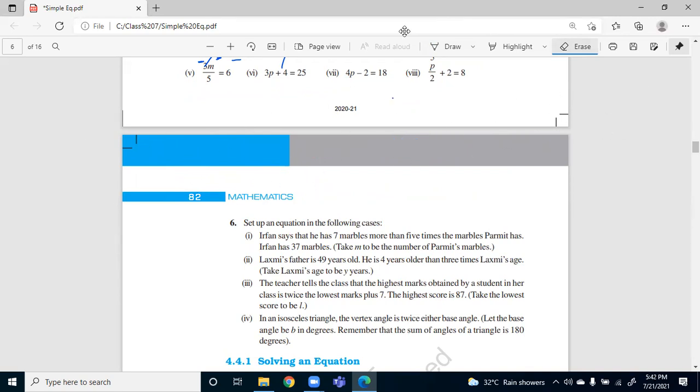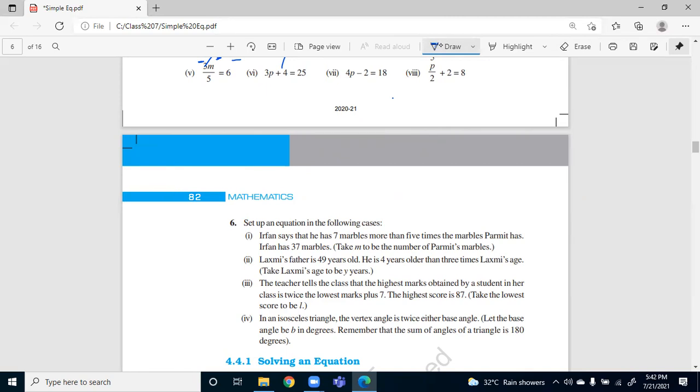Okay, so let's come to question number 6. In this question, we have to set up an equation. Irfan says that he has 7 marbles more than 5 times Parmeet has, and Irfan has 37 marbles. Take M to be the number of Parmeet's marbles.